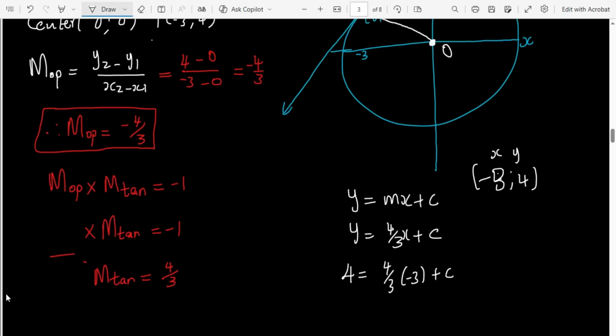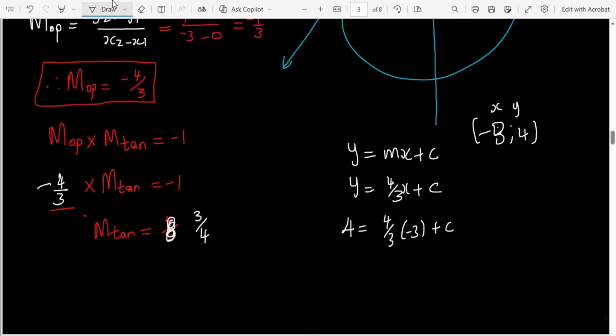So this will be 3 over 4, which makes our gradient 3 over 4. Okay? Let's restart the process. Let's first substitute the correct one. So this will be 3 over 4. Okay?